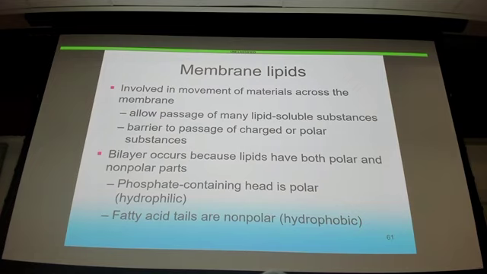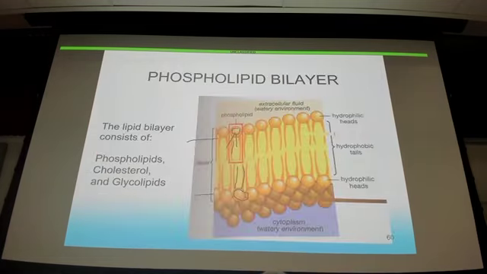We're just getting the pieces as we build here. But the bilayer has a phospholipid containing head, which is hydrophilic, and fatty acid tails, which are nonpolar, they're hydrophobic. So if we drop back to the slide, the fatty acid tails that are facing in are hydrophobic, meaning they don't like water.